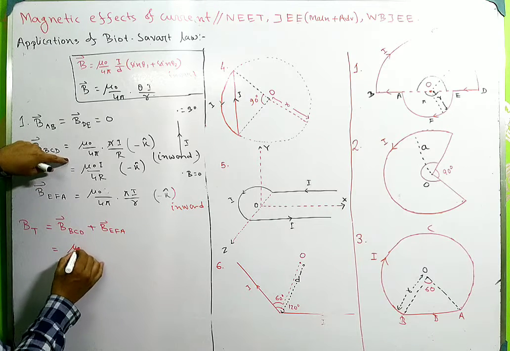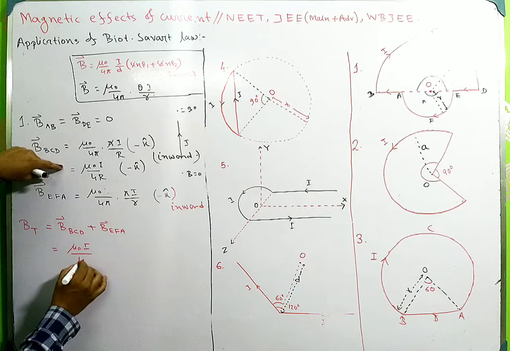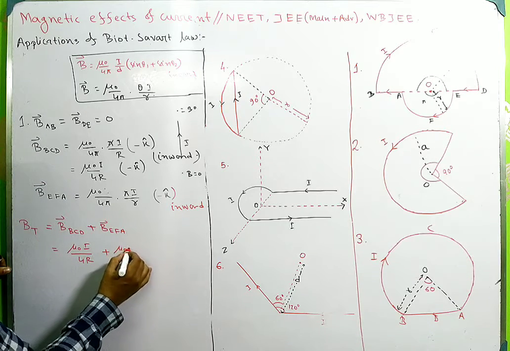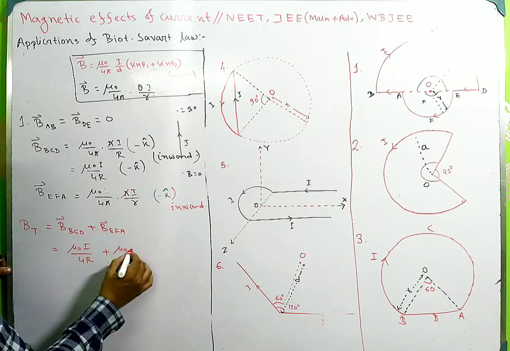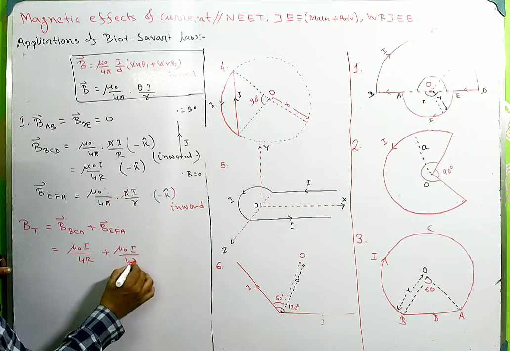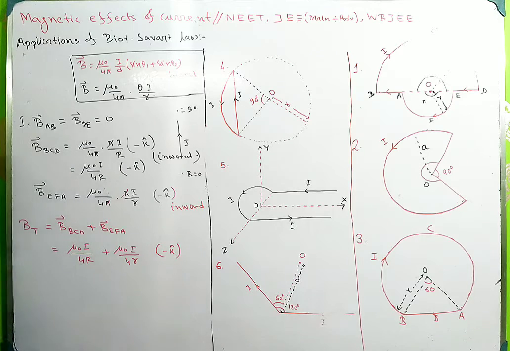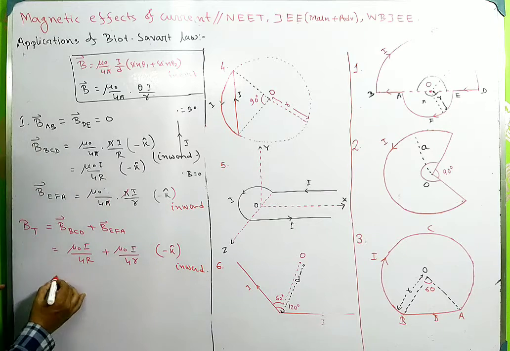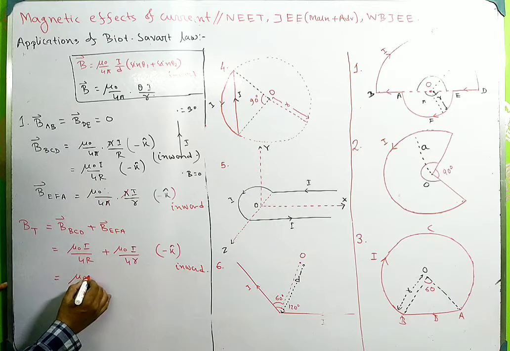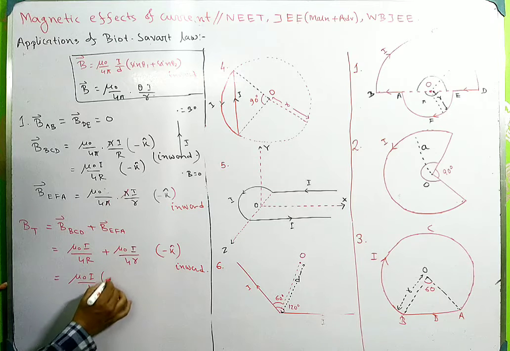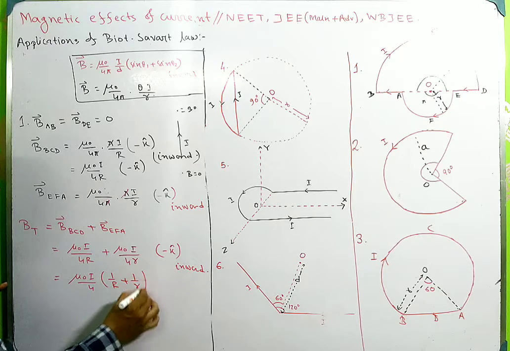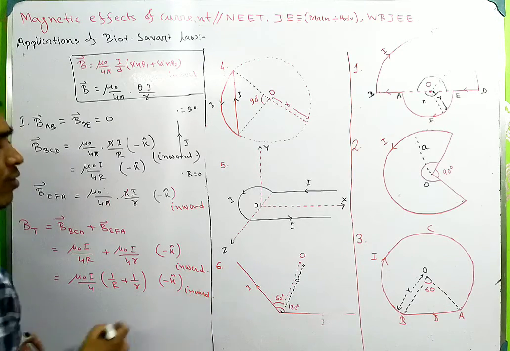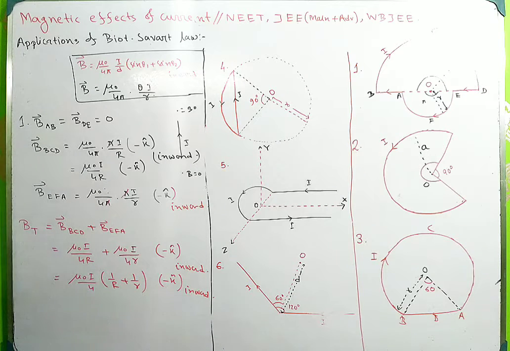So this is mu0 I by 4R, plus mu0 I by 4 small r, with pi cancelled out. In both cases the direction is the negative z axis, that means inward. If you take the common term mu0 I by 4, it will be 1 by R plus 1 by small r, in the minus k cap direction, that means inward. So this is problem number 1.